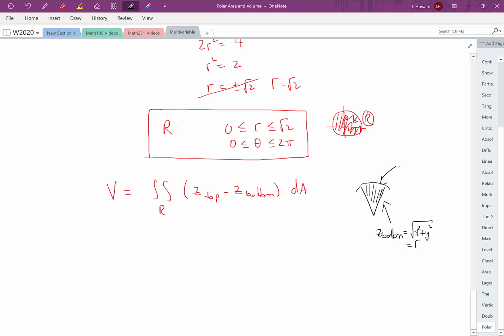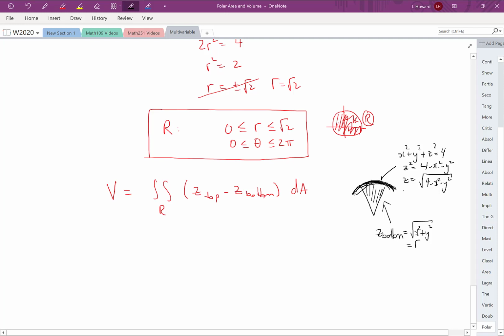And z top, x squared plus y squared plus z squared equals 4. We could say z squared equals 4 minus x squared minus y squared. Taking roots, z equals plus or minus the square root of 4 minus x squared minus y squared. The positive root gives us the upper hemisphere and the negative root gives us the lower hemisphere. So we're going to choose the positive root here because we're talking about the upper hemisphere.